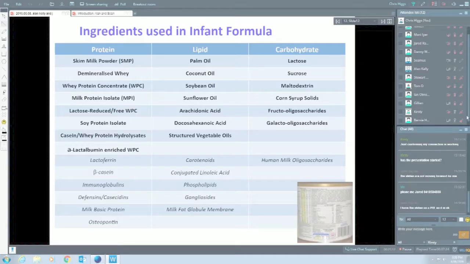And those products are typically filled with maltodextrin or corn syrup solids or dried glucose syrups as the carbohydrate sources then. So skim milk powder and demineralized whey would be the main high volume protein based ingredients that are used to achieve the casein to whey protein ratio in these first stage infant nutrition products.